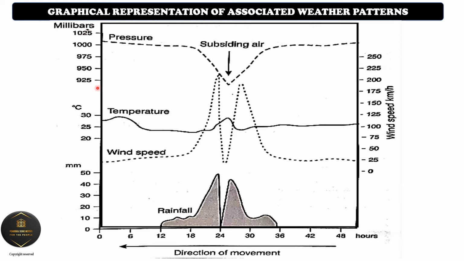You see that our pressure is measured in millibars, our temperature is in degrees Celsius or centigrade, our rainfall is in millimeters, and below we are being shown the directional movement of the system, and also the amount of hours in which the changes happen, and the wind speed is in kilometers per hour, of course.